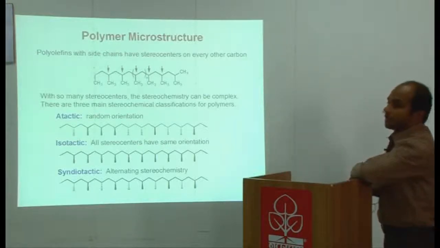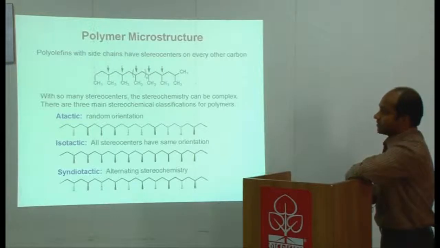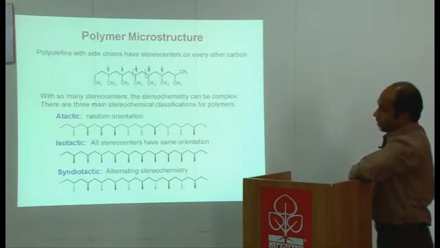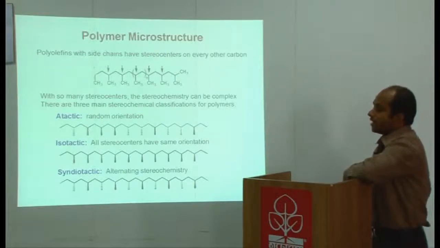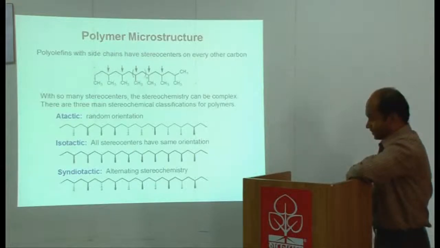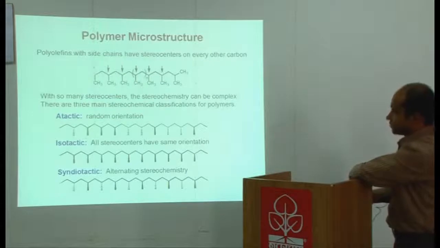There are three broad stereo classifications for polymers. The first class is known as atactic, which represents a random orientation. In this case, the stereocenters are randomly situated along the polymer chain. The second class is isotactic.